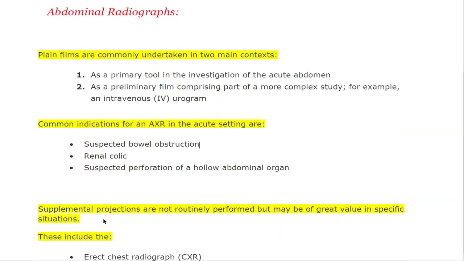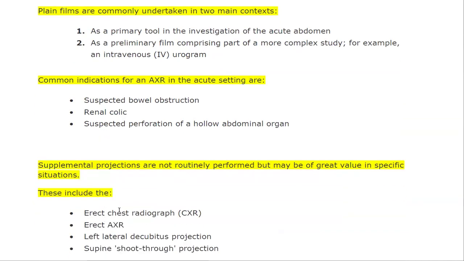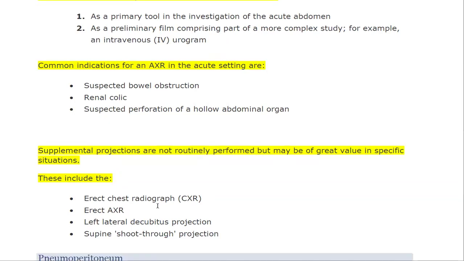If you have a suspicion of other complications, you may ask for supplementary projections. But this is not routinely performed. You are not going to examine the patient erect from the first instance. You need to do a supine film first. Then you may ask for an erect chest radiograph for pneumoperitoneum and air under the diaphragm.